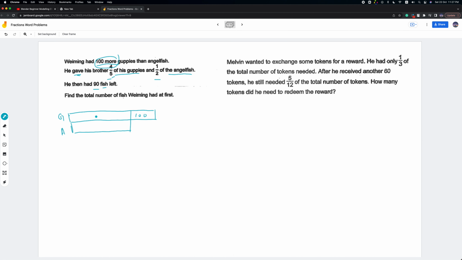Since he gave 4/5 of his guppies away, we're going to cut the guppies into 5 pieces, or 5 units, sorry. You're not going to cut the fish into pieces, you're just going to cut the model into 5 parts. So 4 parts are given to the brother: 1, 2, 3, 4. Now, you see there's a unit here, and then there is a value here.